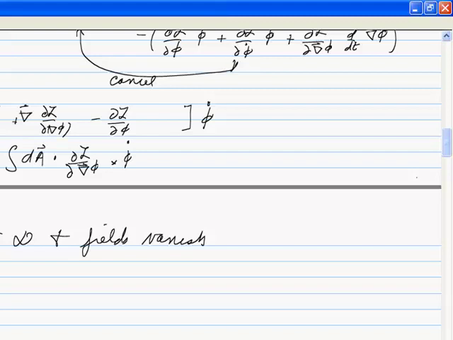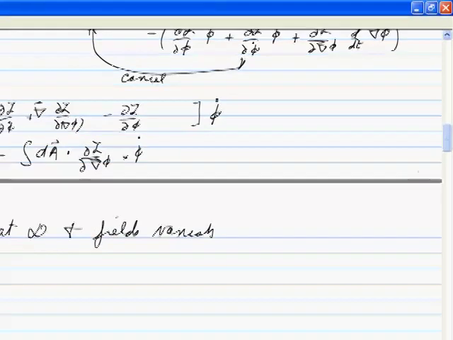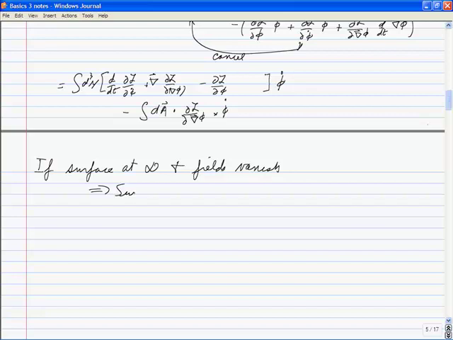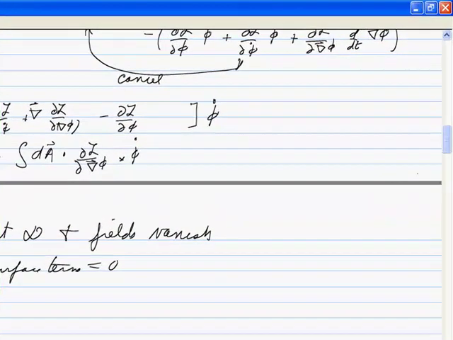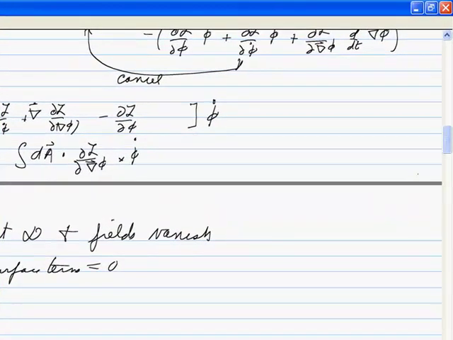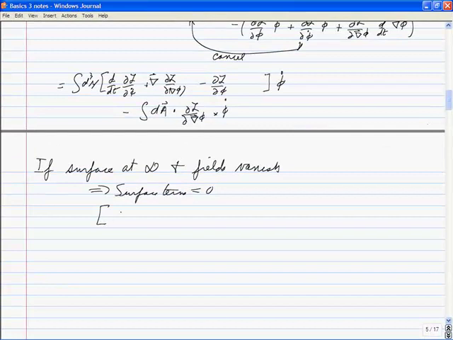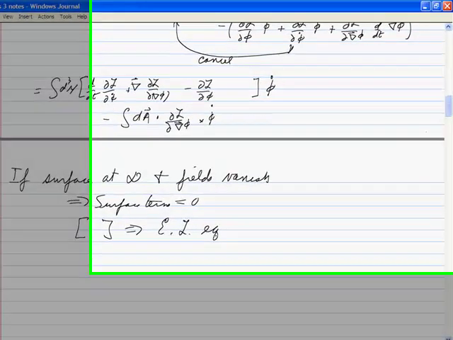Then the surface term is 0, and you recognize that first term there. The first term is the Euler-Lagrange equations for the field.